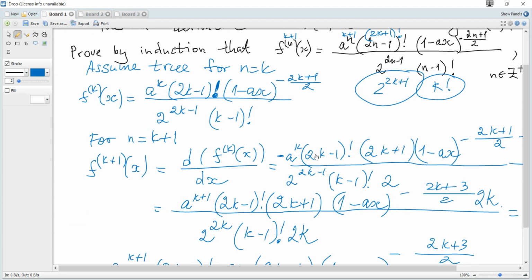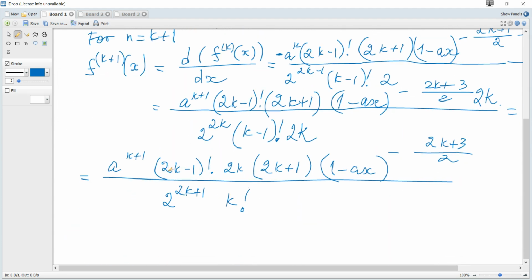numerator, and you can see 2k minus 1 factorial.